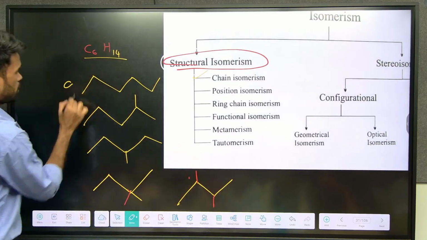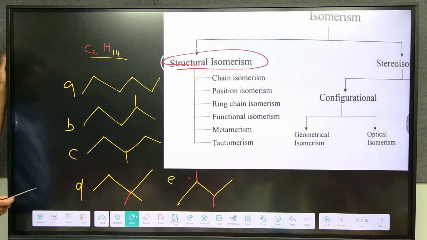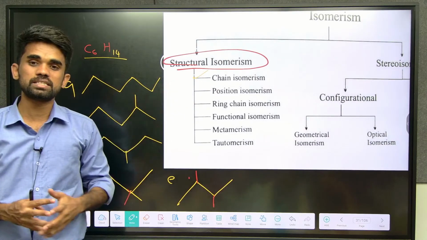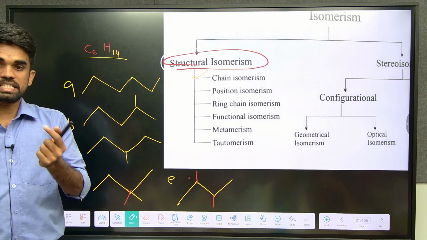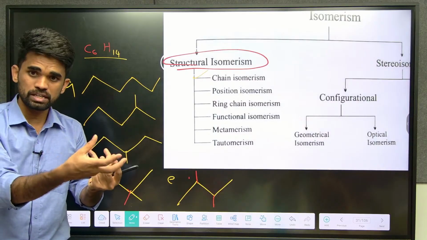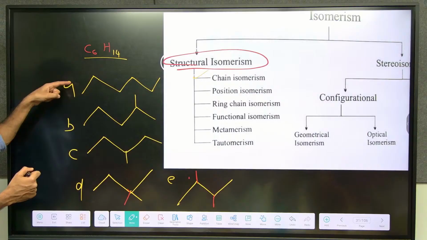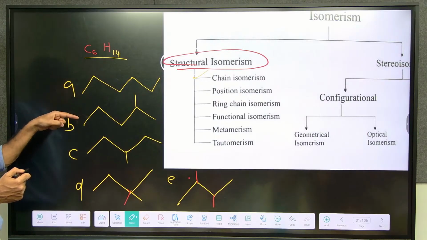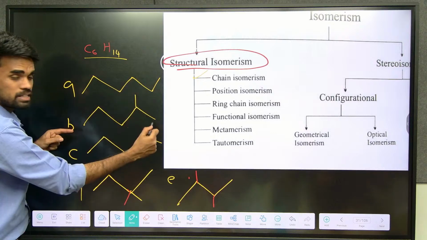Okay, A, B, C, D, E. So now tell me, what do we mean by positional isomers? Isomers which differ in the position of substituents or the position of functional groups. Now tell me, 1 and 2, how do they differ? Here 6 carbons are there, but in this how many are there?